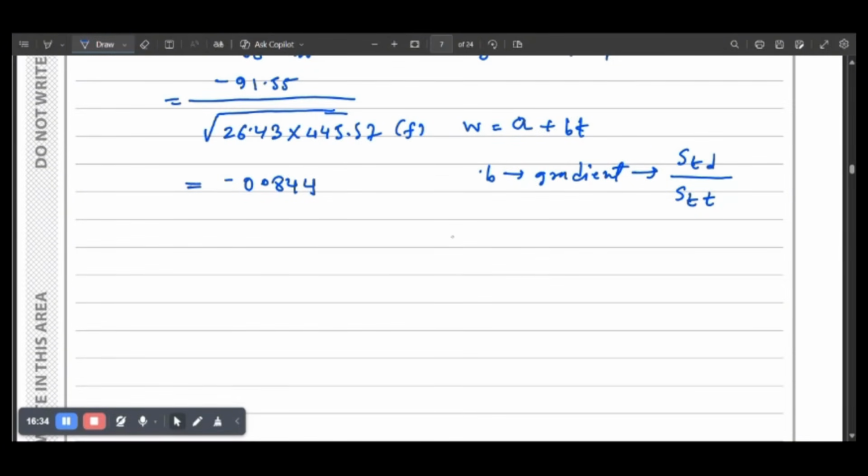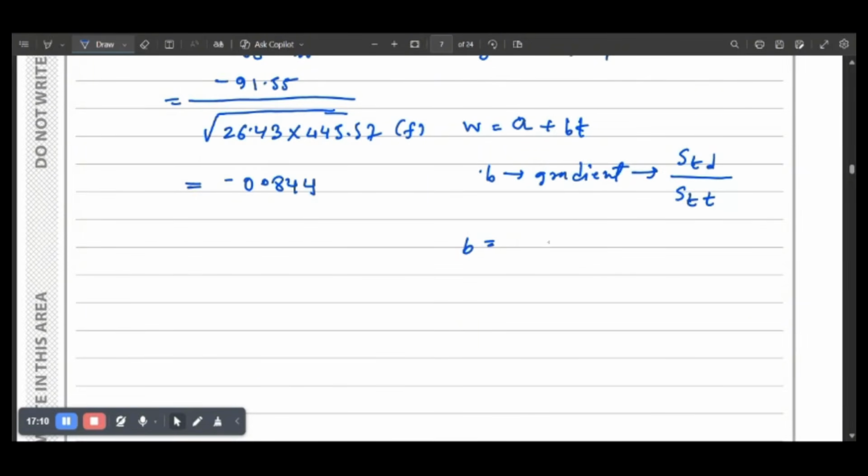Now for a. To find a, we have to find the mean of T and W, and use the means in the equation to find the value of a. So we have to find the gradient before.